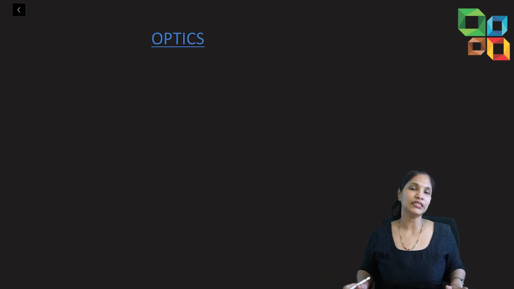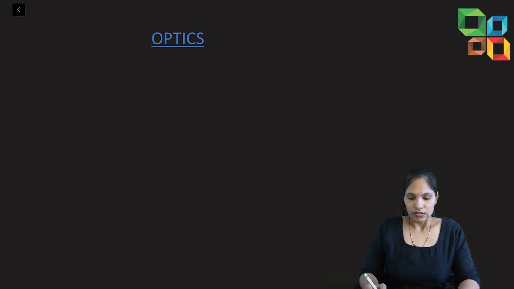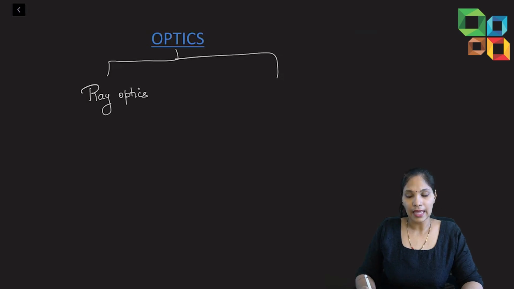But if you see optics again, it is divided into two subcategories. What are those? You have ray optics and you have wave optics.